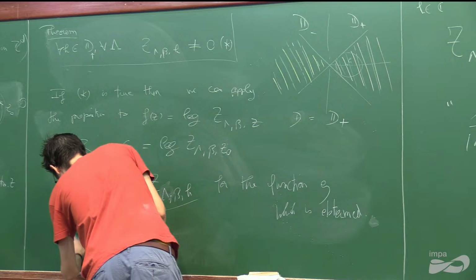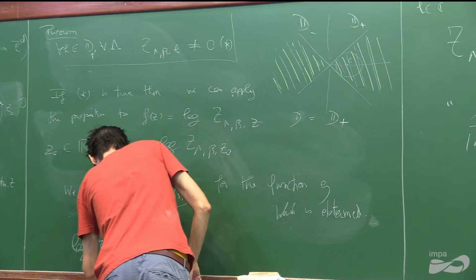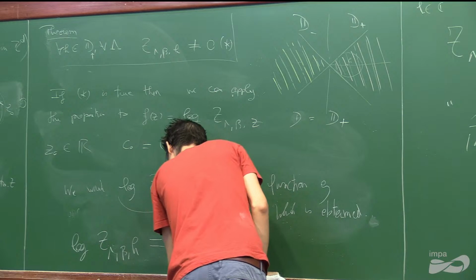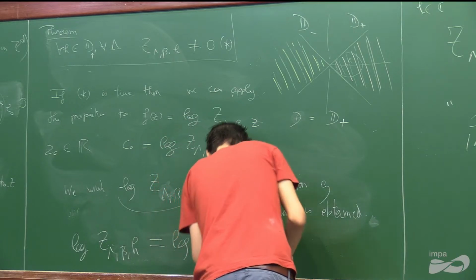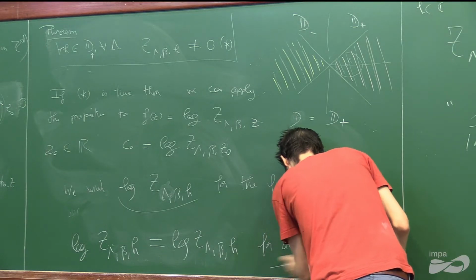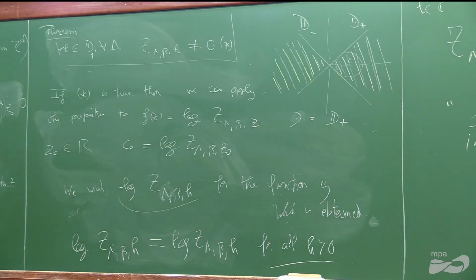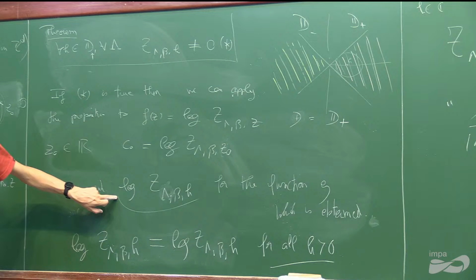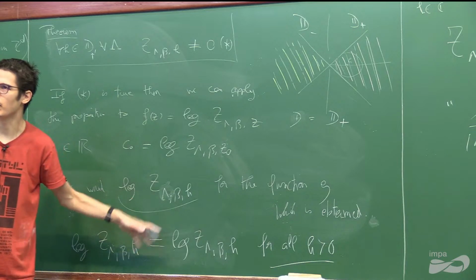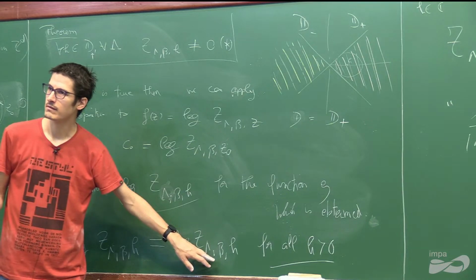What we can check is that when h is real, this notation corresponds to the other definition of log, which is just take the log of z, something that makes sense when h is real.